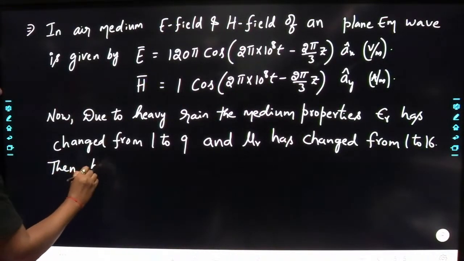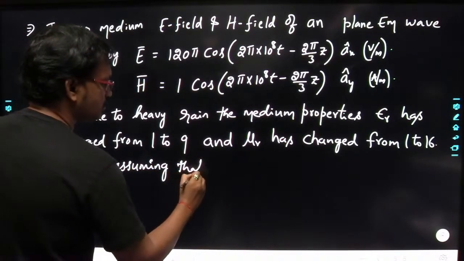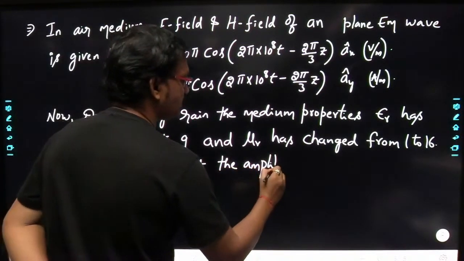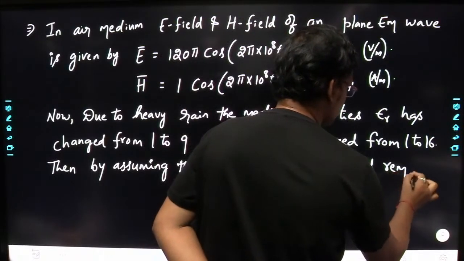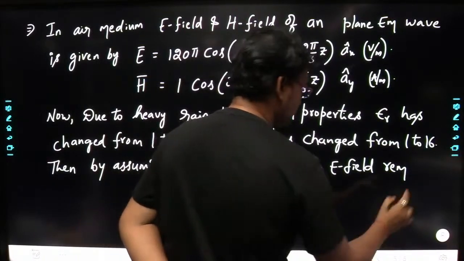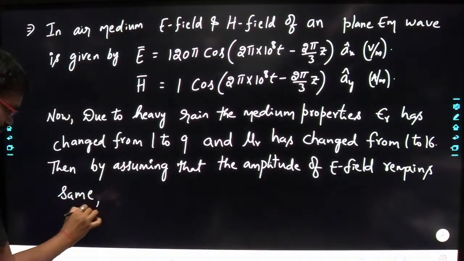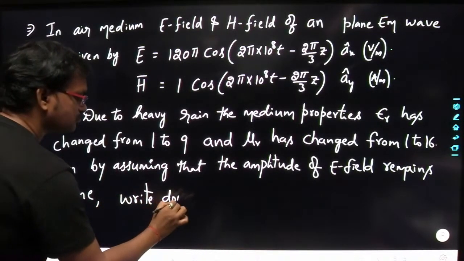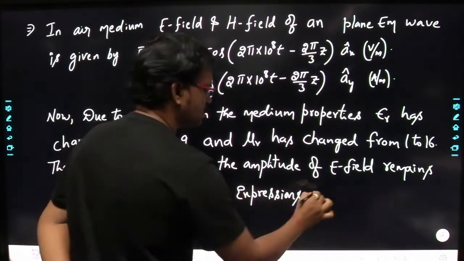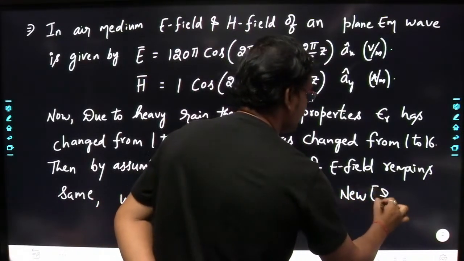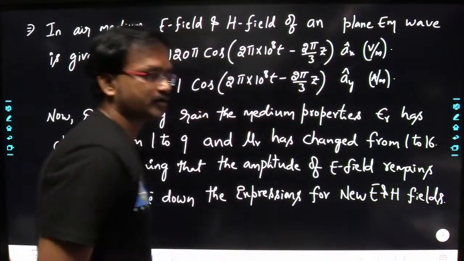Then, by assuming that the amplitude of electric field remains the same, write down the expressions for new E and H fields.